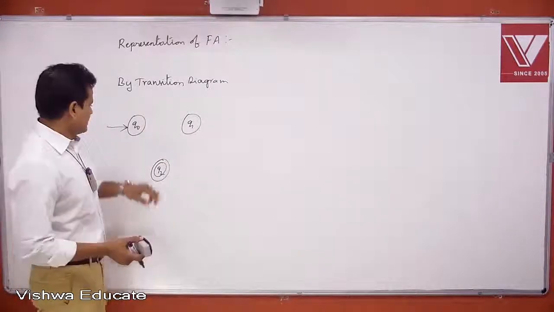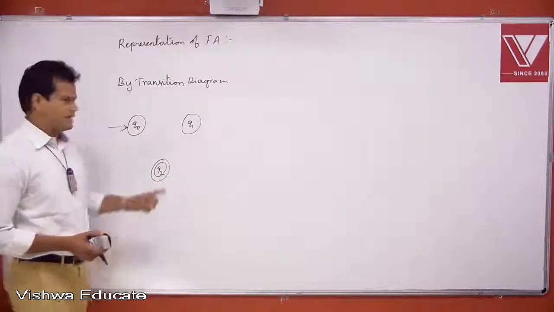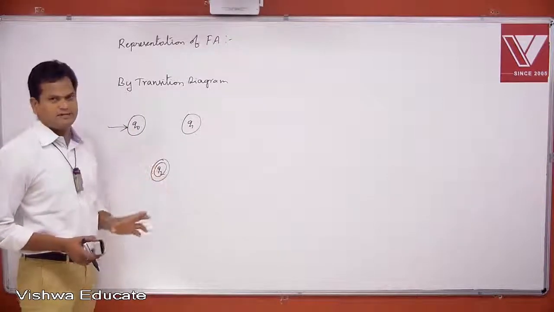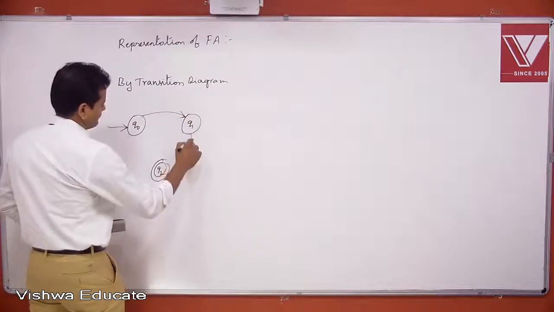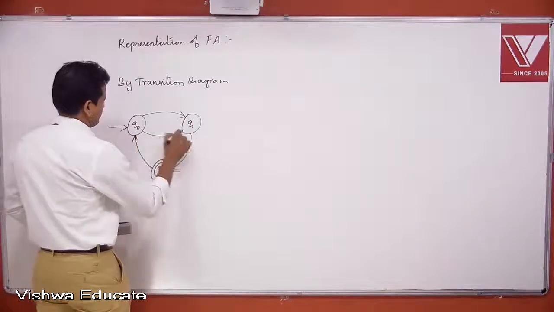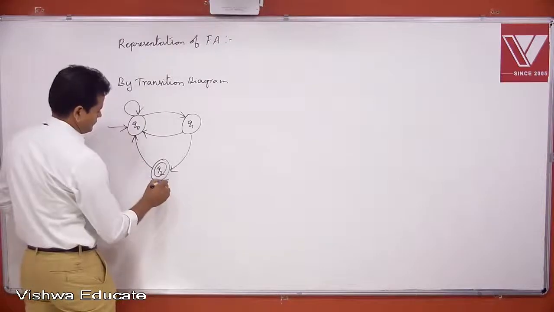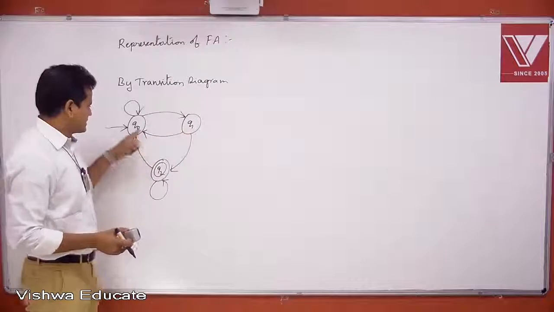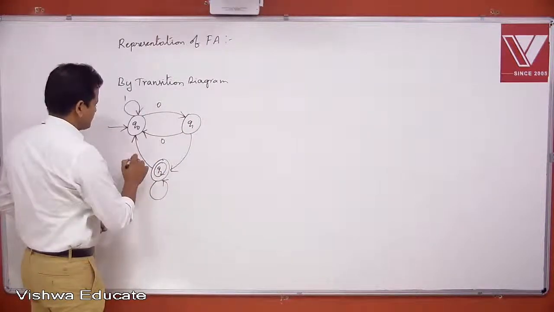Here the states are q0, q1, q2, three states, and this one is initial and this one is final. And here there are some directed edges. These directed edges are labeled with some inputs.